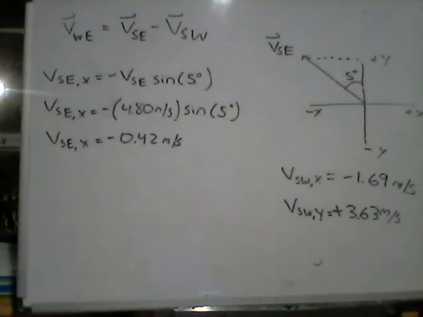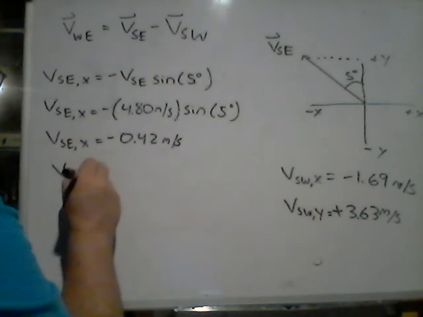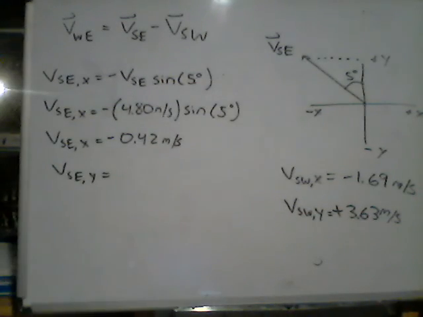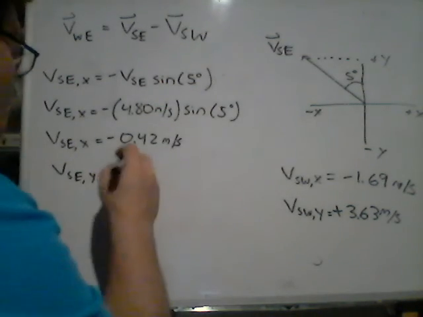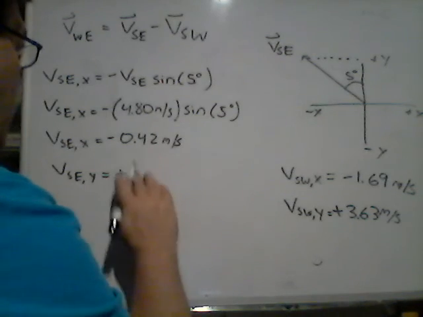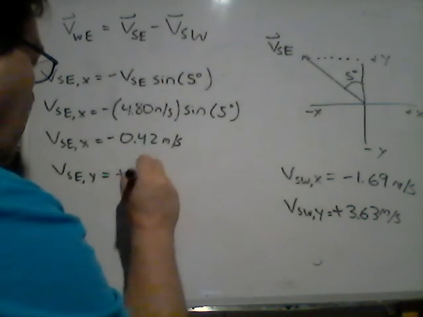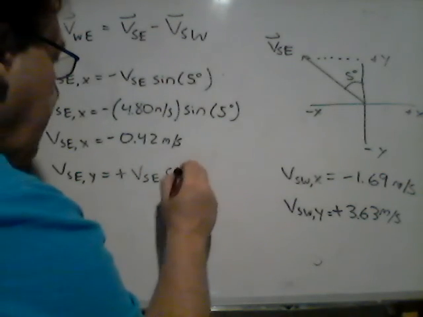All right, and V sub SE sub Y, that's going to be the cosine now, and it's going to be positive. It's the second quadrant vector, so positive. V sub SE times the cosine of 5 degrees.